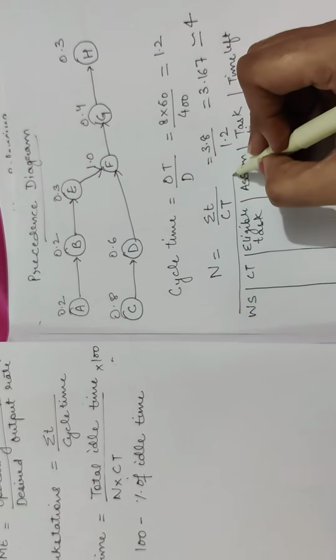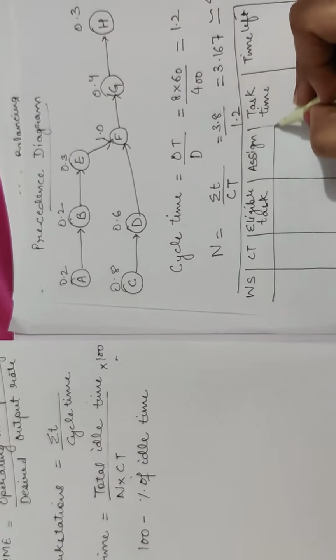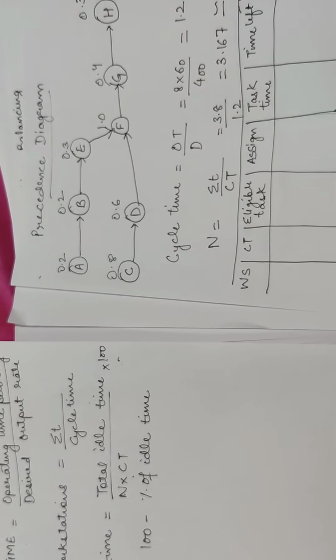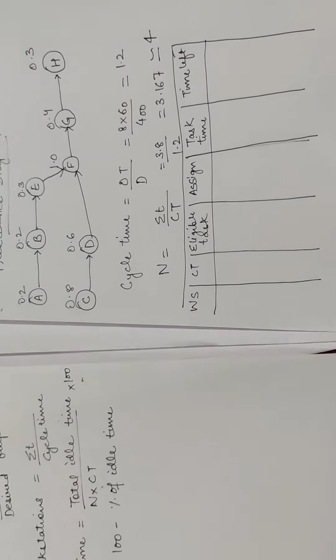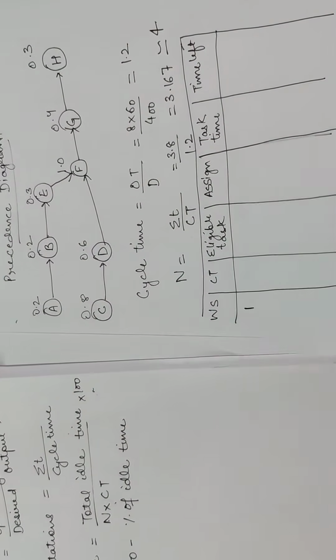So this is the table which I have to make while assigning the activities to the workstations, right? Now how many workstations do I have? 4. So I will start from the first workstation.